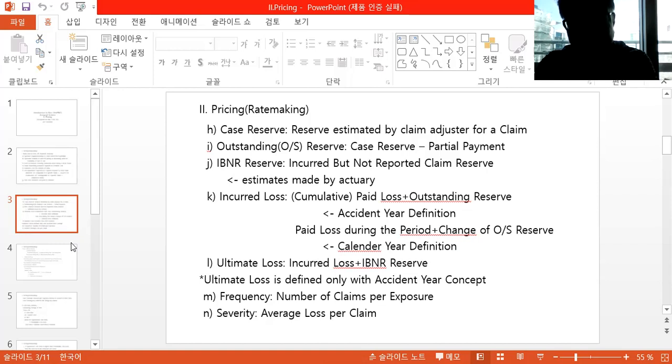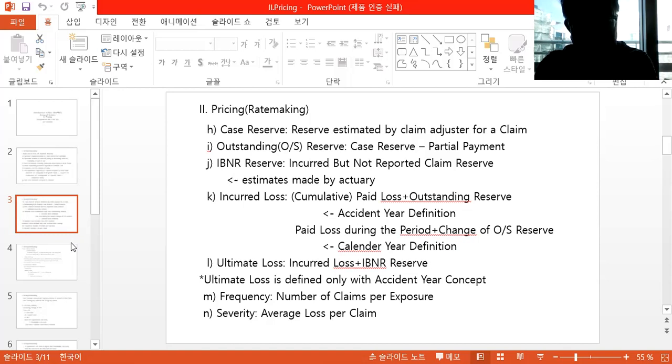We're going to discuss later the differences between these two concepts. And then ultimate loss is incurred loss plus IBNR reserve. That's the loss that the insurance company has to pay eventually. Ultimate loss is also defined only with the accident year concept.